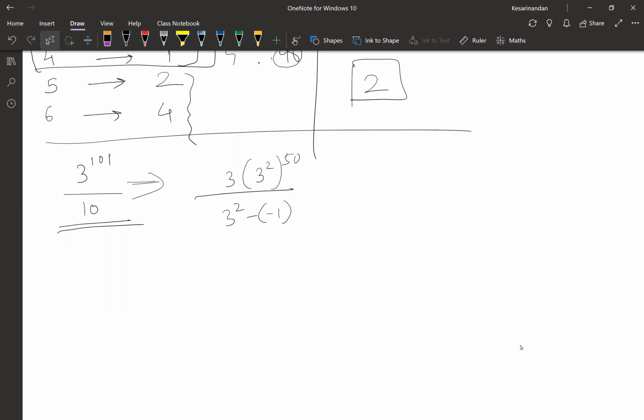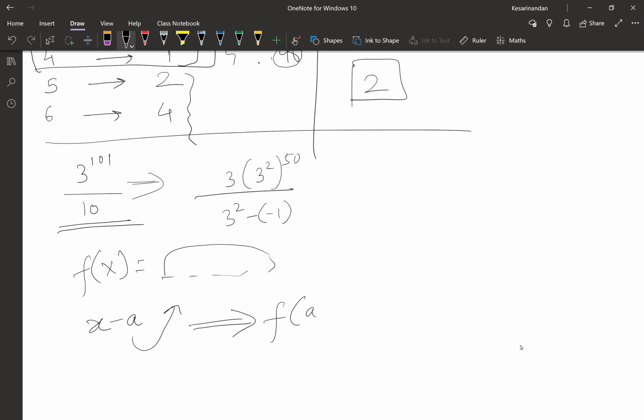This part clear, guys? Now what we had in our remainder theorem, if we have a polynomial f of x and we divide it by x minus a, our remainder would be f of a. That is, putting this a here, the value that is left will be our remainder.